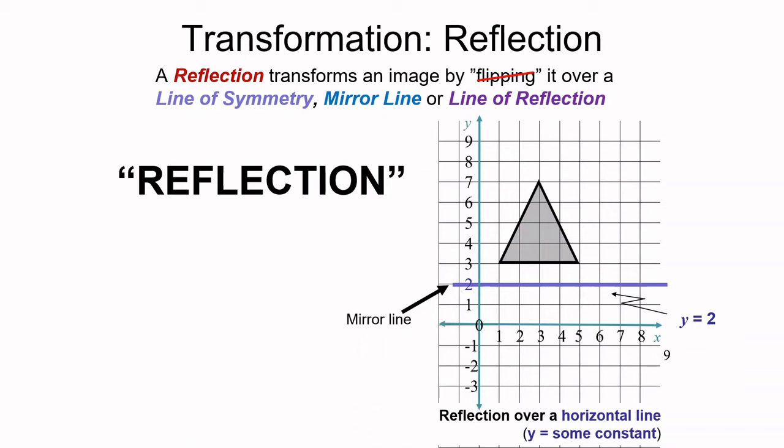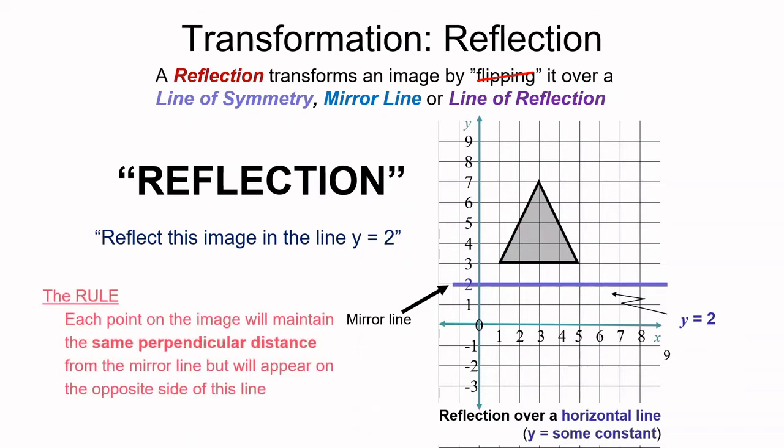So to use the correct vocabulary, you might be asked to reflect this triangle, or this image, in the line y equals 2. In order to do that, we need to follow the rule. Each point on the image will maintain the same perpendicular distance from the mirror line, but will appear on the opposite side of this line.